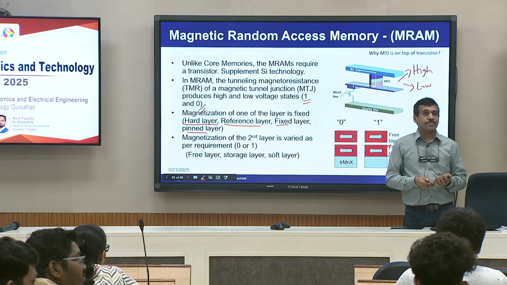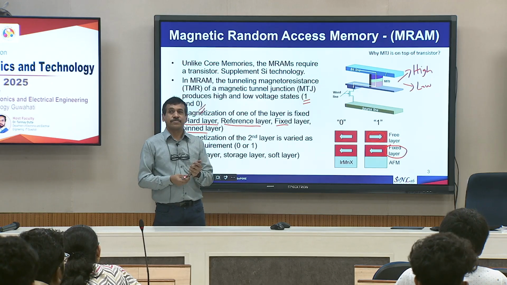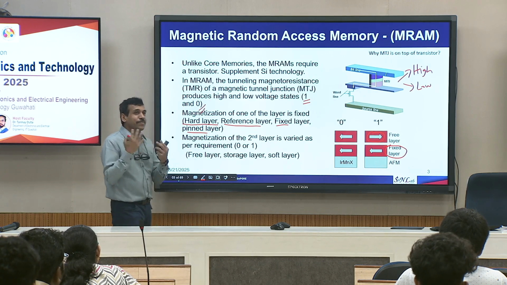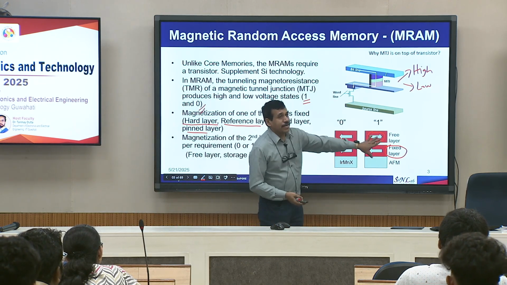In terms of magnetization, we are magnetizing the material by applying a magnetic field. So we do some action to make these layers parallel or anti-parallel.